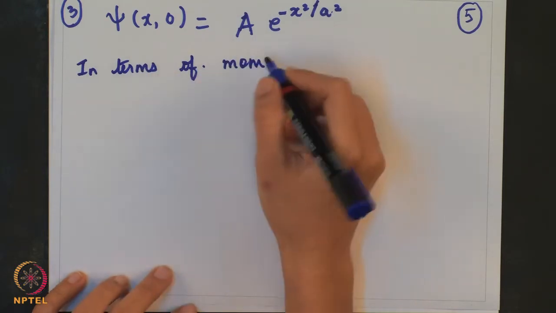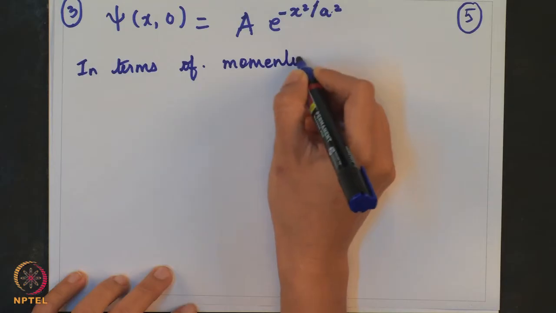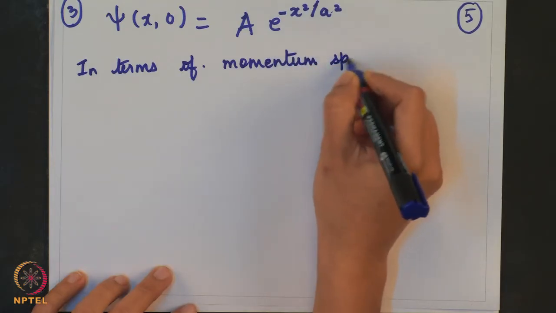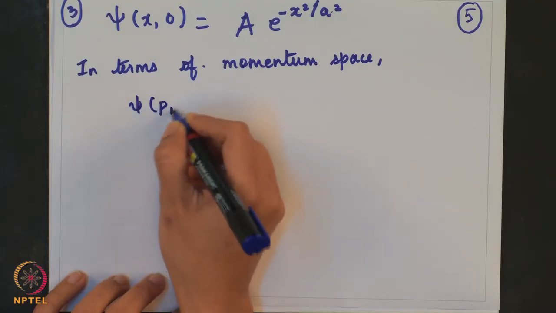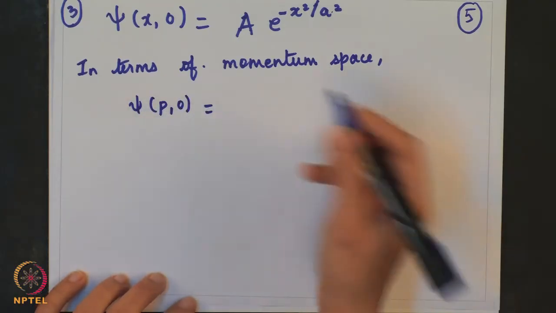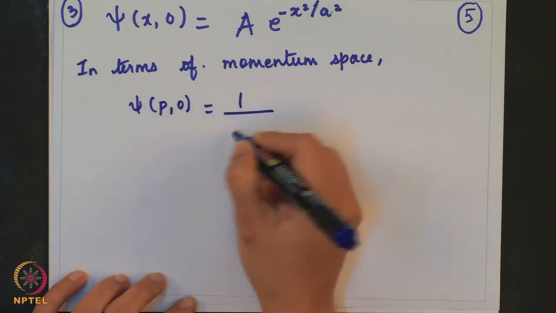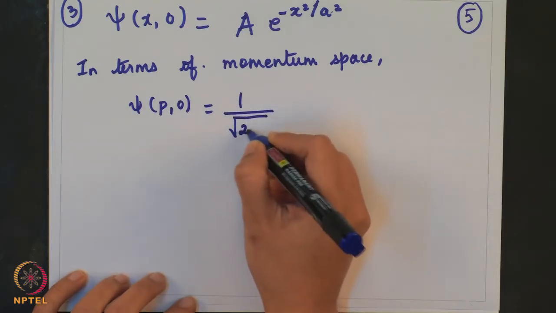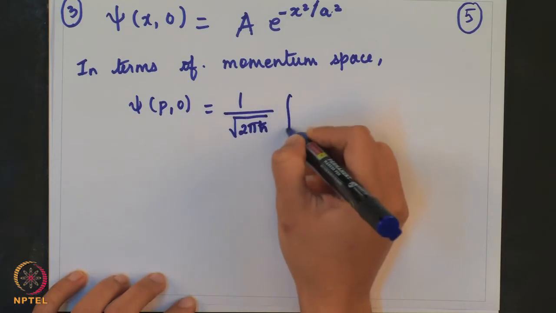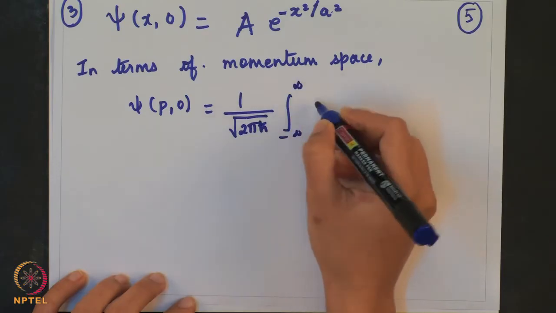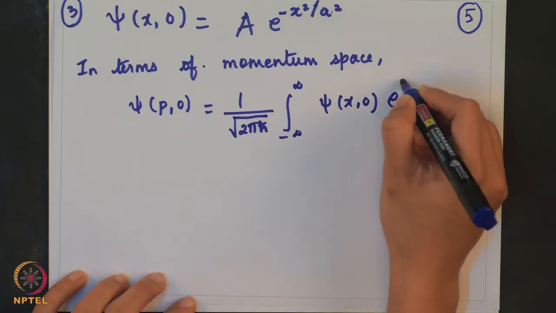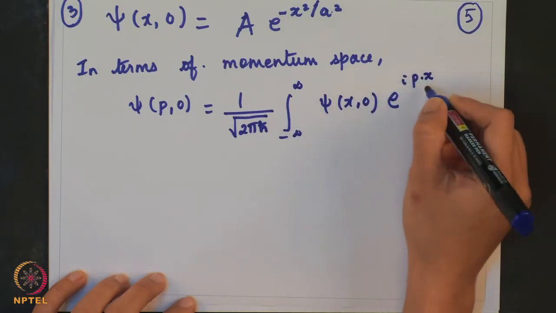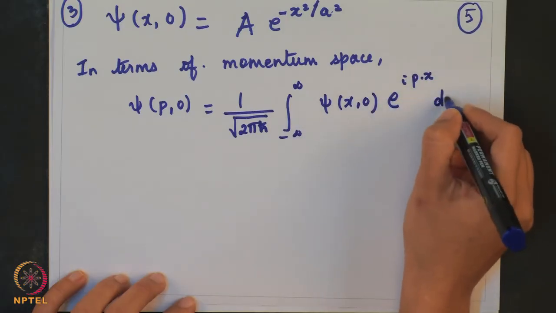The wave function in momentum space, that is psi of p comma 0, how will you obtain this? We obtain this by taking the Fourier transform of psi of x comma 0 e raised to I p dot x dx.